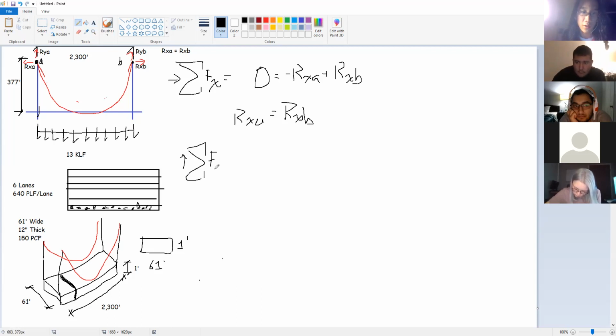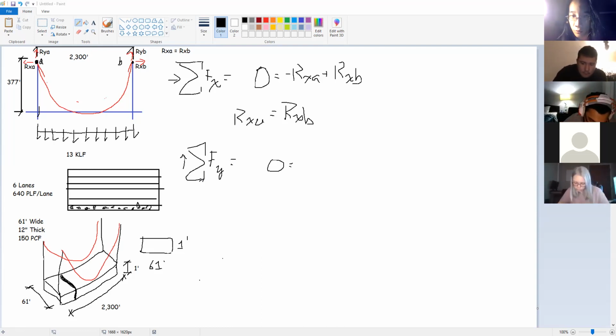Summations of forces in the y direction equals 0 equals. So there are 3 forces, right? We have an RYA here and an RYB here. They're both going up, which means they're both positive. RYA plus RYB.